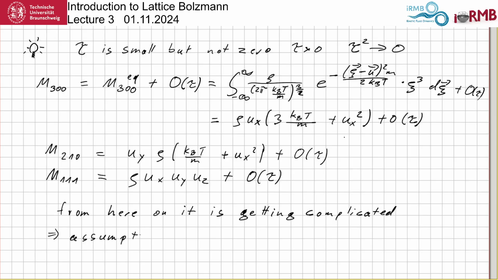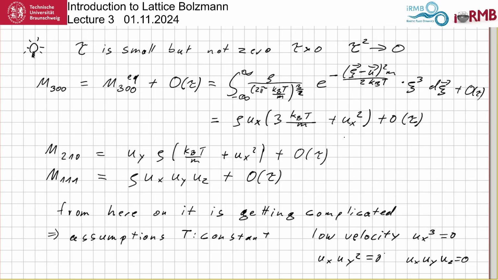So one assumption is that we forget about temperature. Temperature is a constant. The second thing is that we assume low velocity. And low velocity means we said that u_x to the third power is equal to 0, u_x times u_y squared is 0, and u_x u_y u_z is equal to 0.